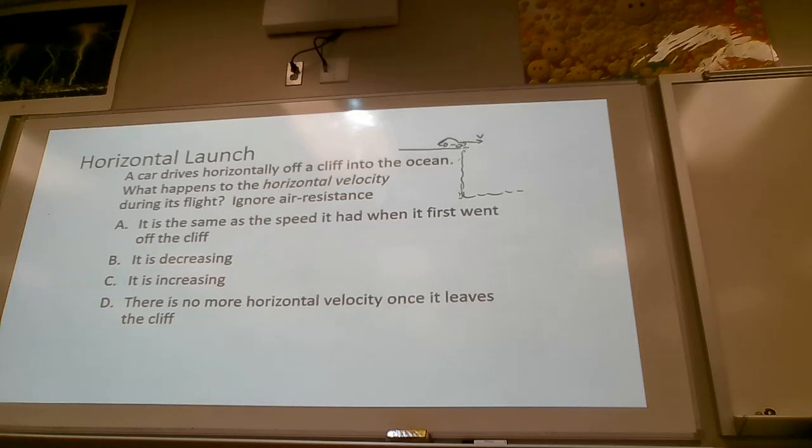But in the horizontal direction, are there any forces acting on it? No. So it's going to do exactly what its inertia wants to do, which is moving at the same speed it had right here. There's nothing acting on it in the horizontal direction. It's just like, yes, I love going at this constant velocity.